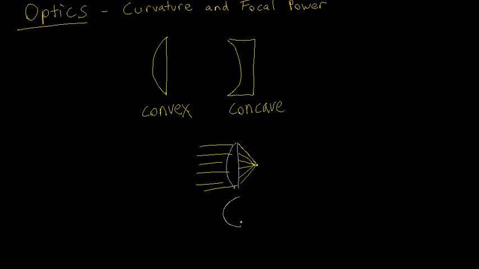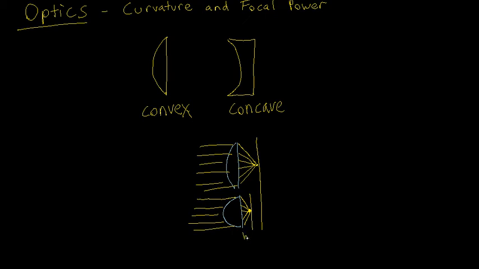So this one is far, far more curved, much steeper angles at the higher end of the lens. Now let's send in some of the same rays. And what happens is this ray at the top sees a much steeper angle than up here. So this light will get bent far, far more. And so will all the other rays, to the point where the light converges at a shorter distance.